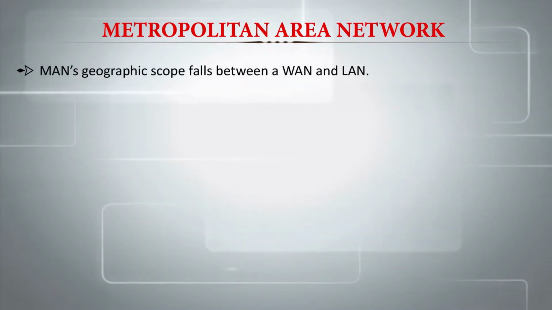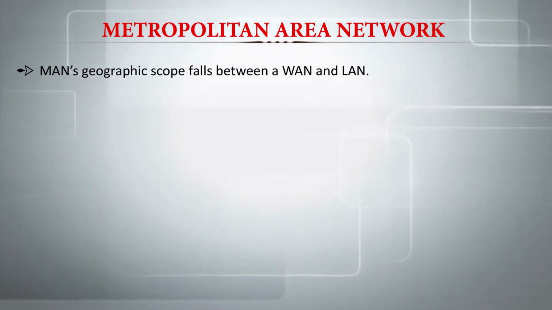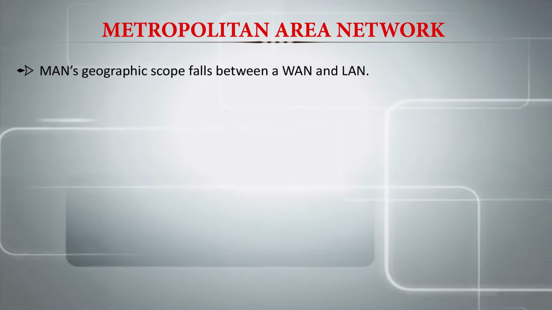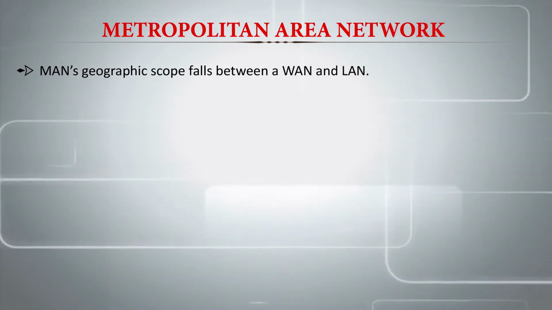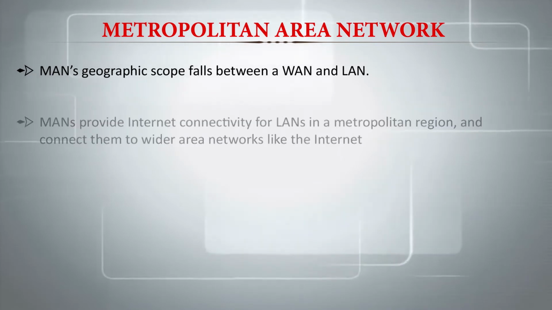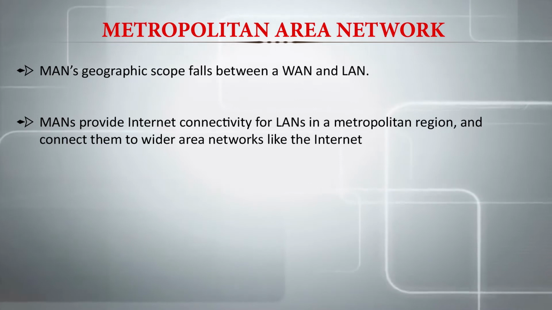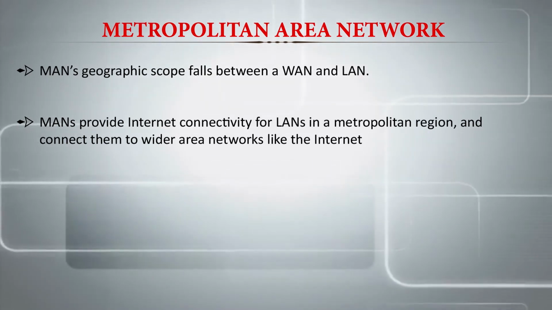The MAN's geographical scope falls between a WAN and a LAN. That is basically the geographical area. It is bigger than the LAN coverage and smaller than the WAN coverage. A MAN provides internet connectivity for LANs in a metropolitan region and connects them to a wider area network like the internet.